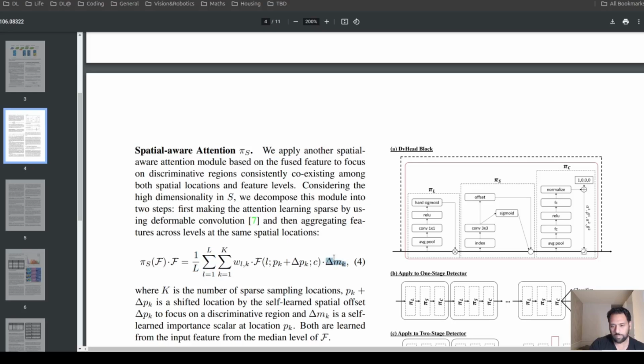So this sigmoid output is the mask, and these offsets are also required by the deformable convolution. So those are learned offsets for this deformable convolution, and then finally this is the convolution operator, and then we take the mean across the levels.